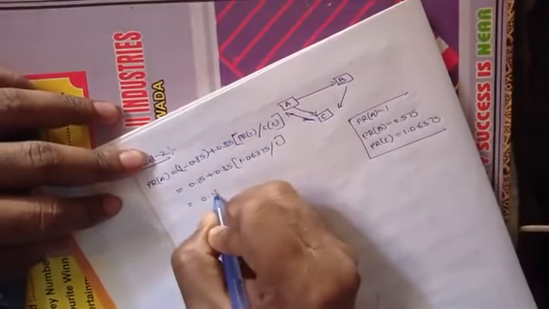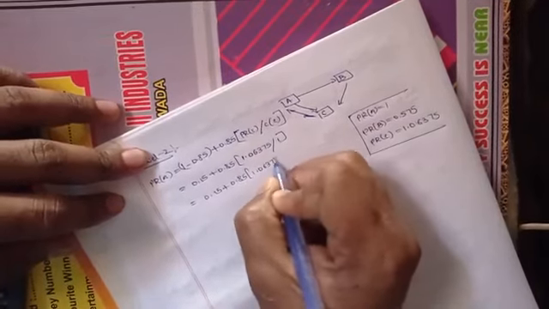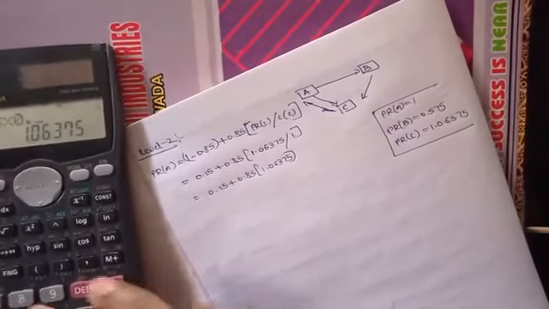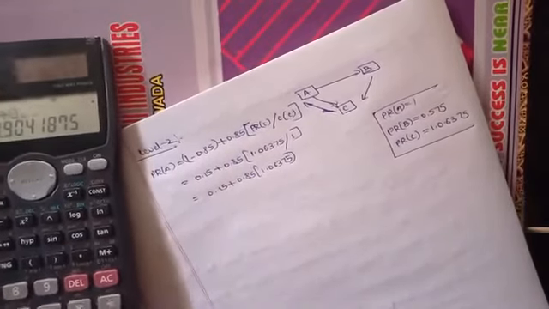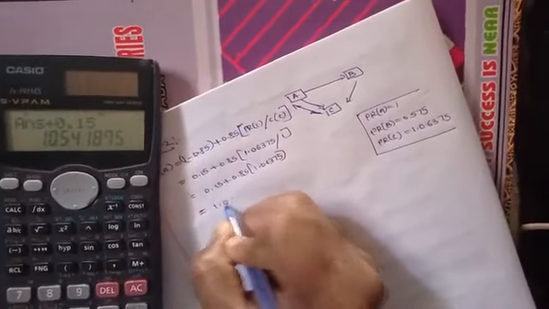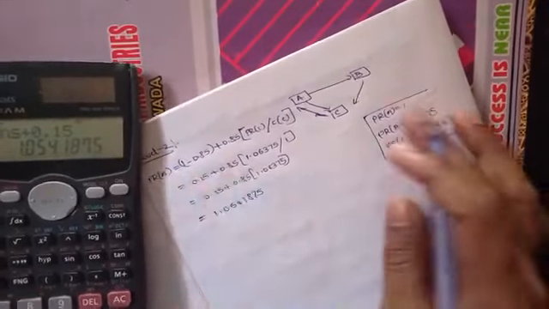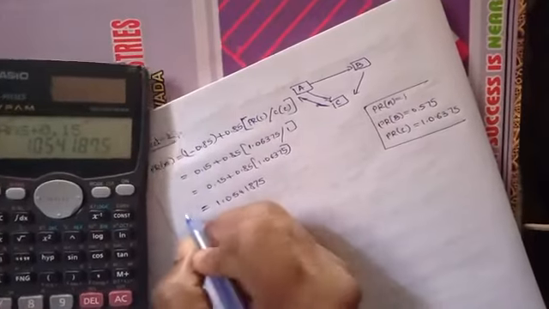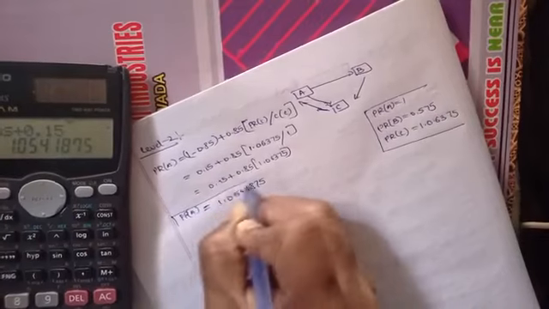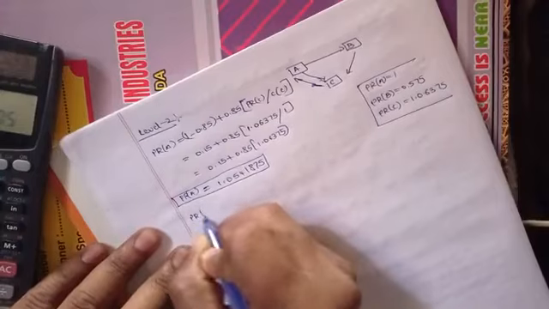So 0.15 plus 0.85 of 1.06375, we get a solution of 1.054185. We have to take each and every decimal value to get the accurate PageRank, so don't neglect any decimal value. So PR of A we got as 1.054185.